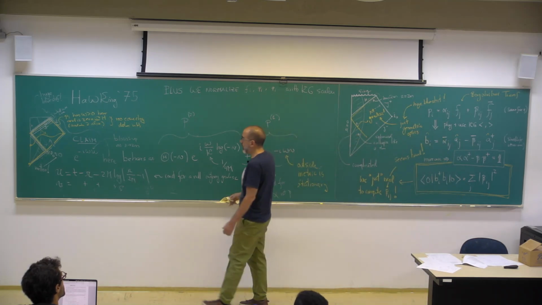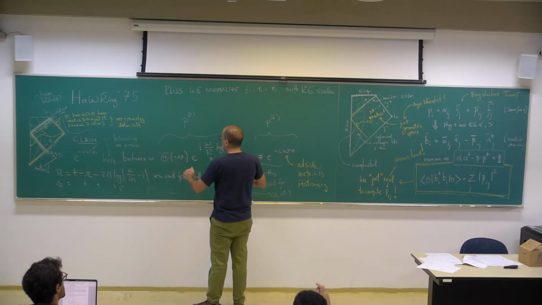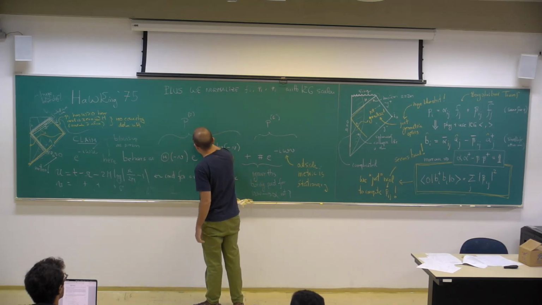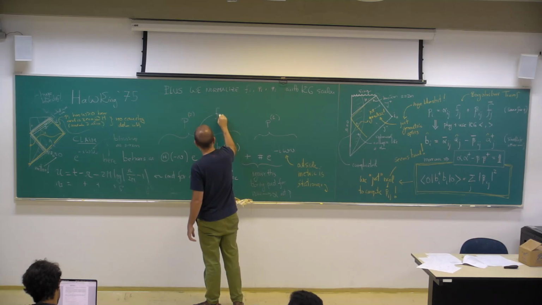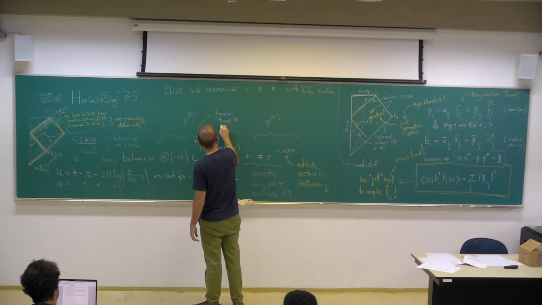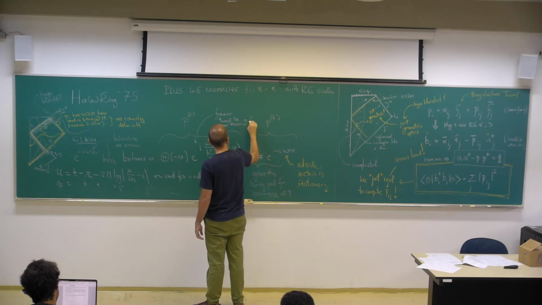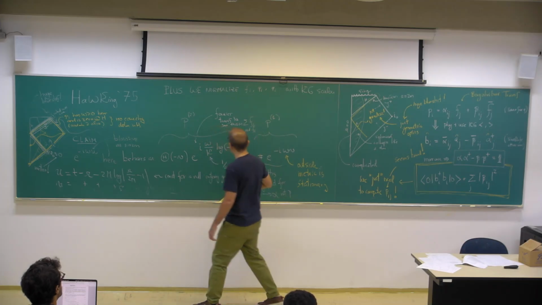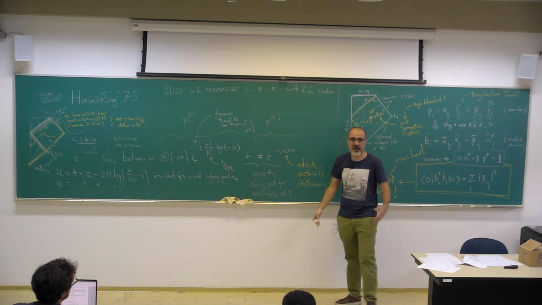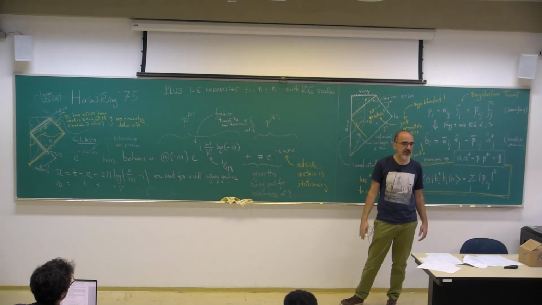And so what we want to do is take this expression and Fourier transform it, to see this as a linear combination of the phi's and phi bars, because the phi's are modes with definite frequency in the past.